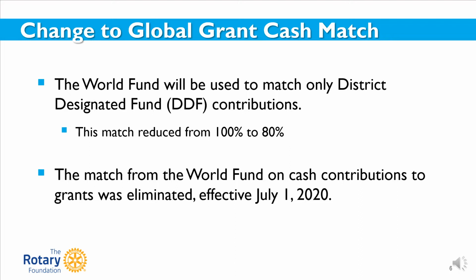This growth, however, means that the Rotary Foundation expects the demand for global grants to dramatically exceed the capacity of the World Fund. Because of this, the Rotary Foundation has decided that World Fund resources will be used to match only district designated fund contributions, and this match has been reduced from 100% to 80%. The match on all cash contributions to global grants was eliminated effective July 1st, 2020.